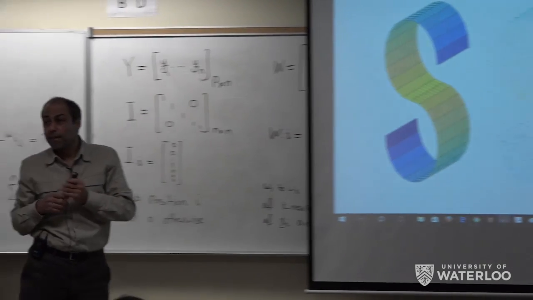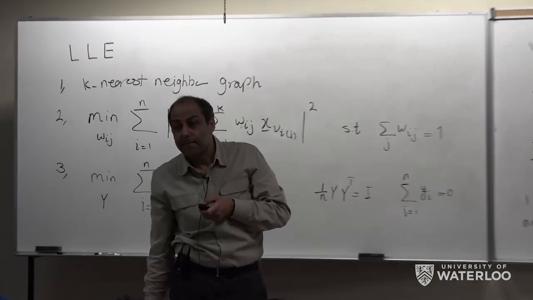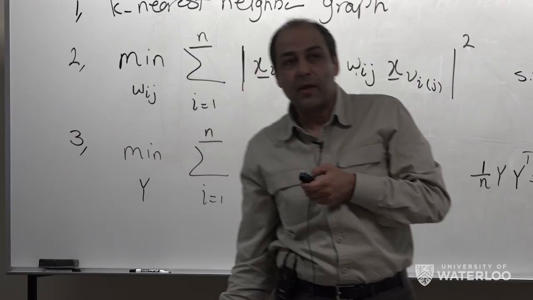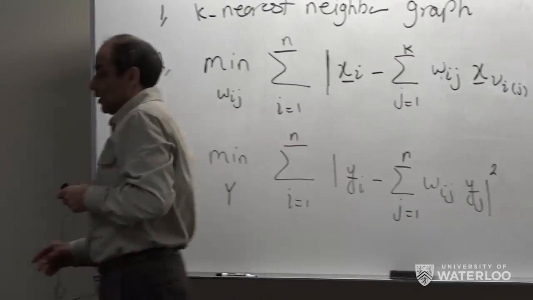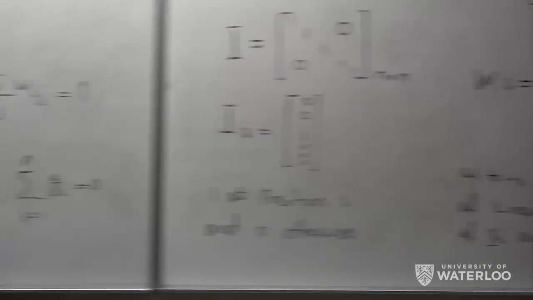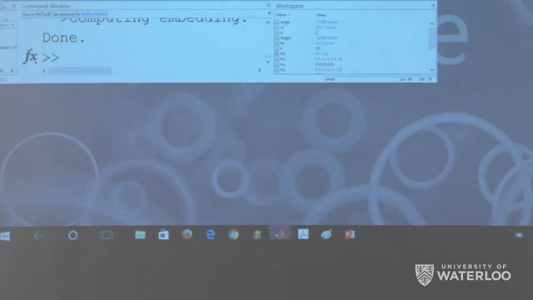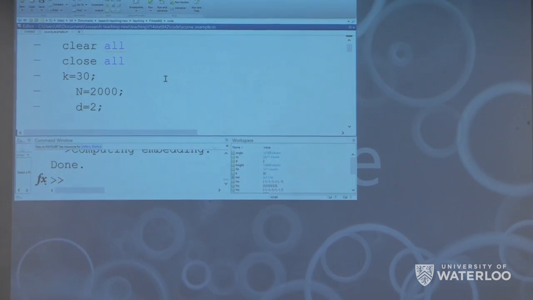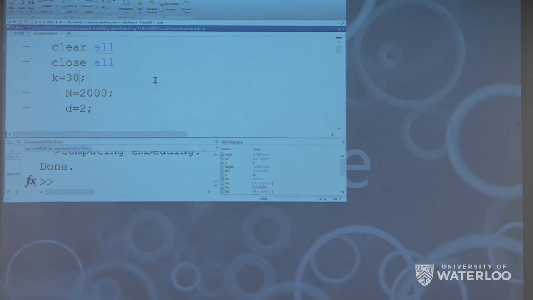Yes? You know it's distorted because it didn't unravel it flatly and there's still a curve in it? Yeah. But if I change the number of neighbors K here, I had 2,000 points and K is 30.